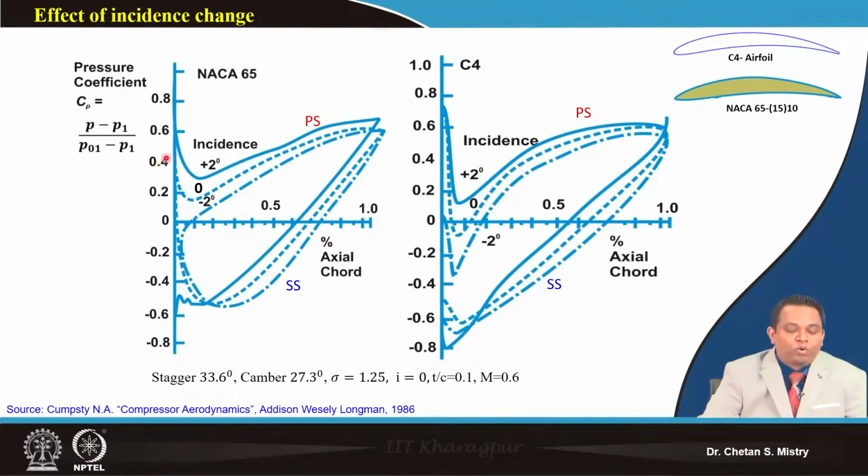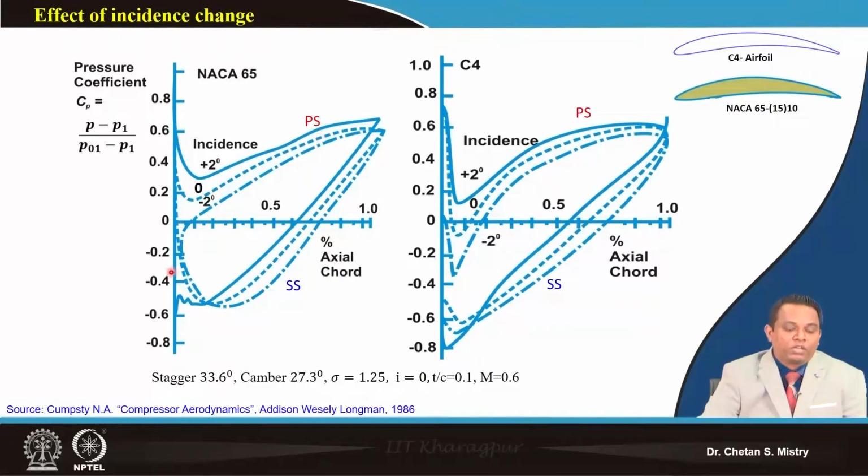If we look at the 0 incidence case, this represents what is happening in terms of acceleration on my pressure surface, and later how the diffusion continues to happen on my pressure surface.